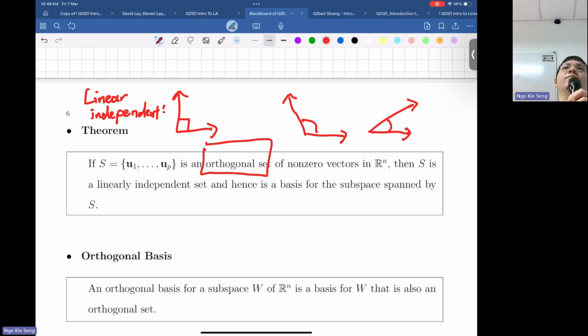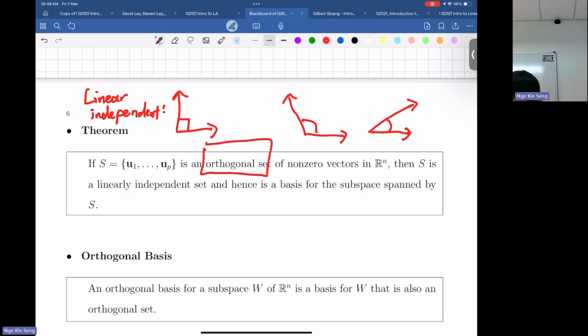To check linear independence, you can do the determinant, row reduction, or the dot product. But this one is a bit risky. Why risky? If it's not orthogonal, it doesn't mean they are not linearly independent, because it could be the other case. A bit risky, unless you use inspection, see roughly all zeros, then use the dot product. Otherwise, this is only one direction.